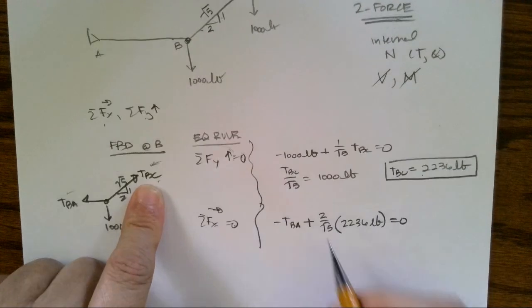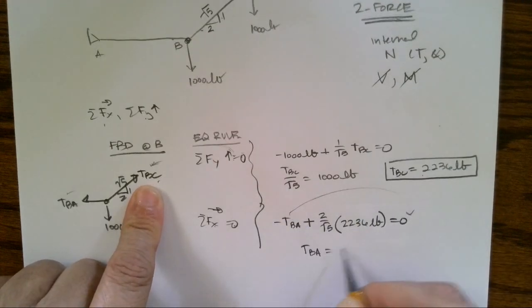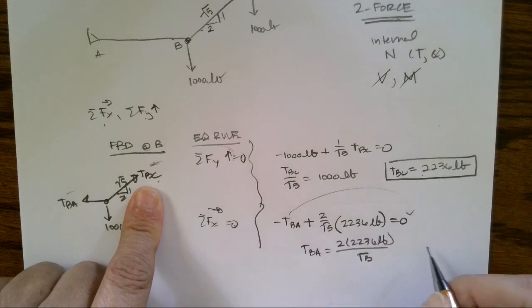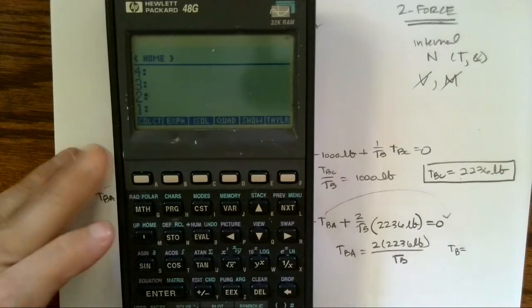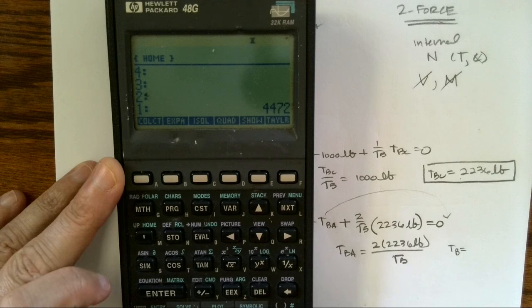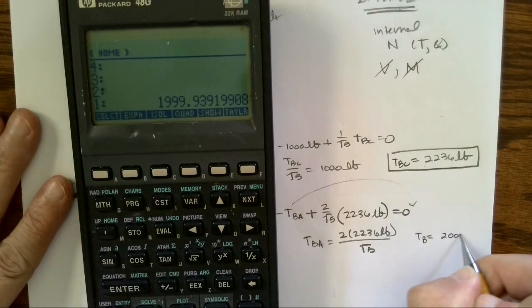I'm going to pull this over to make it positive. So I have TBA equals 2 times 2,236 pounds over square root of 5. So we have 2,236 times 2 divided by the square root of 5, and I get essentially 2,000 pounds.